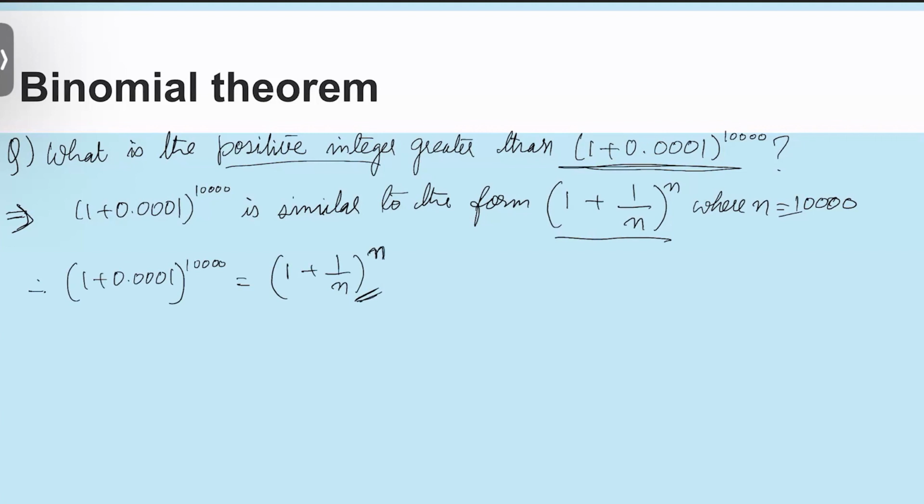So this can be written as 1 plus, if you remember, we had done the general kind of expansion of 1 plus x raised to n. So you have 1, then n by 1 factorial, and then x to the n minus 1. In that form we can write.